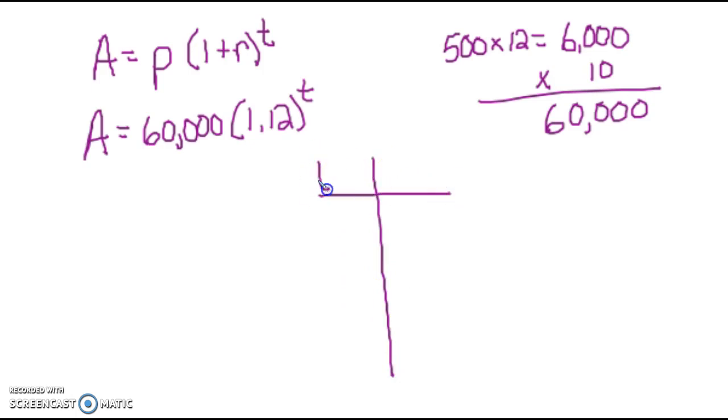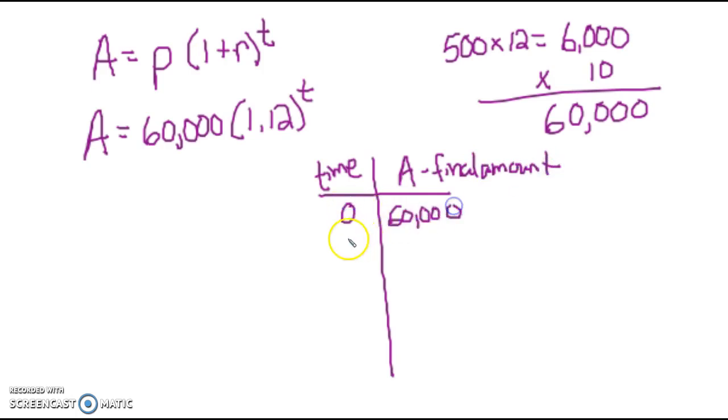This is my time. This is my A, or final amount. At 0, I'm at $60,000. After 10 years, starting with 60,000, 1, 2, 3.